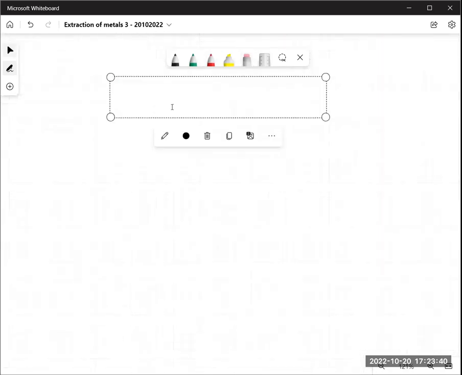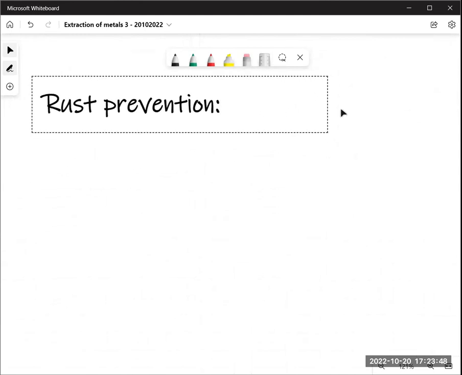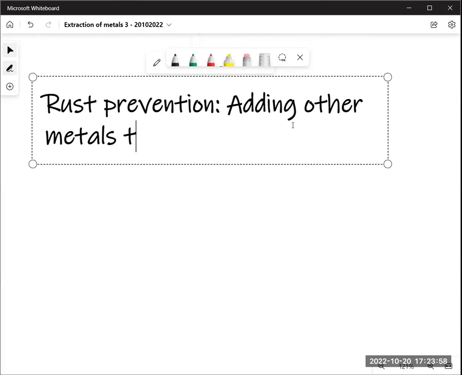Right here, let's write rust prevention. First, write the definition. Rust prevention is adding other metals to iron. Just a second, I'll give you the exact definition from the book. Now, do you have your book open?